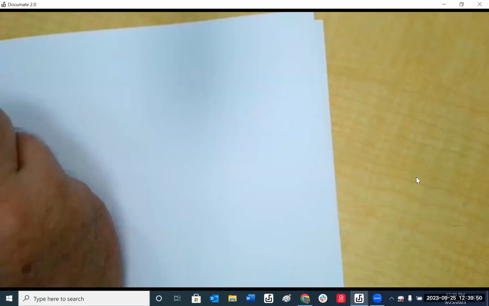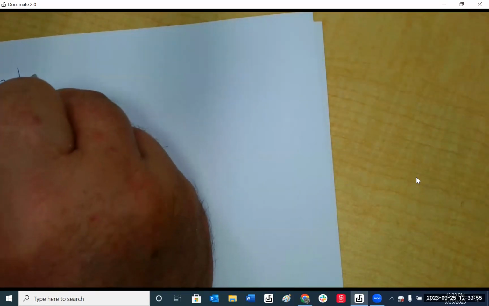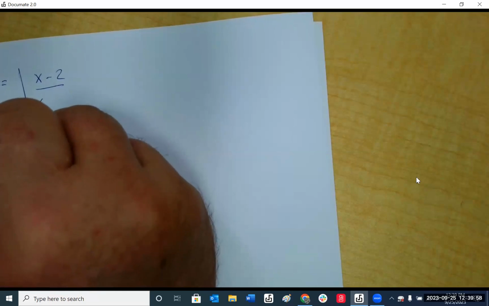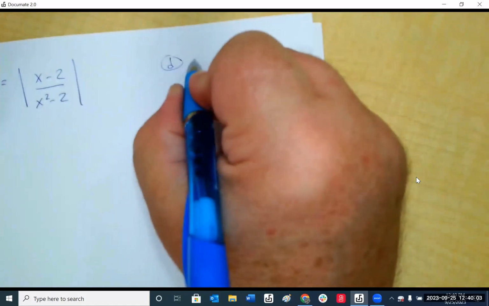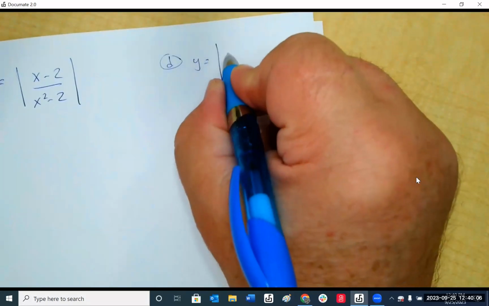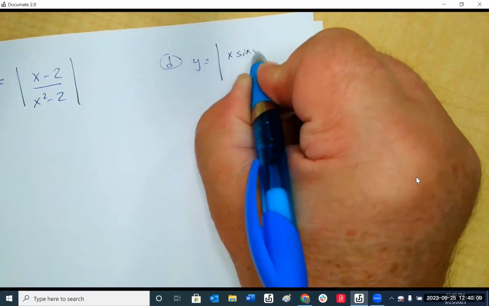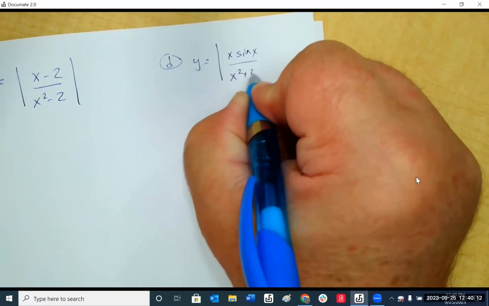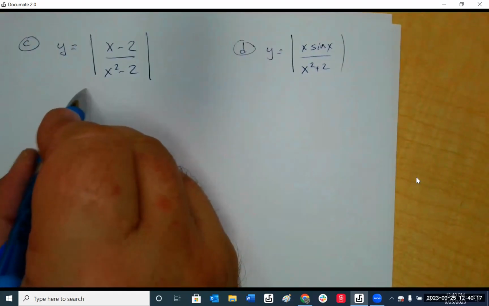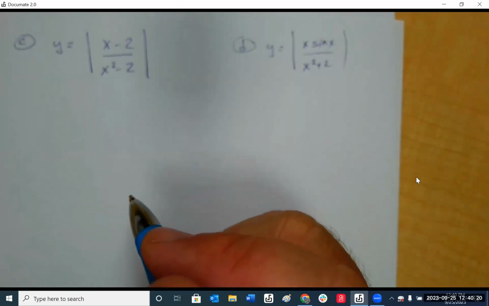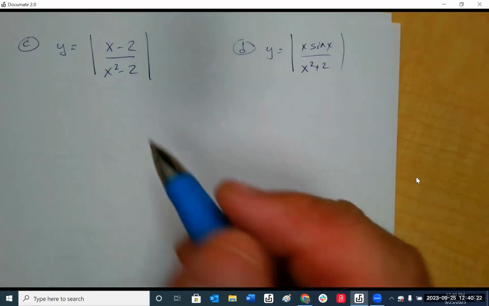Letter C. That one, y equals the absolute value of x minus 2, over x squared minus 2. And this one, x sine x over x squared plus 2, is for next time. So we're going to do C. What's my restriction?